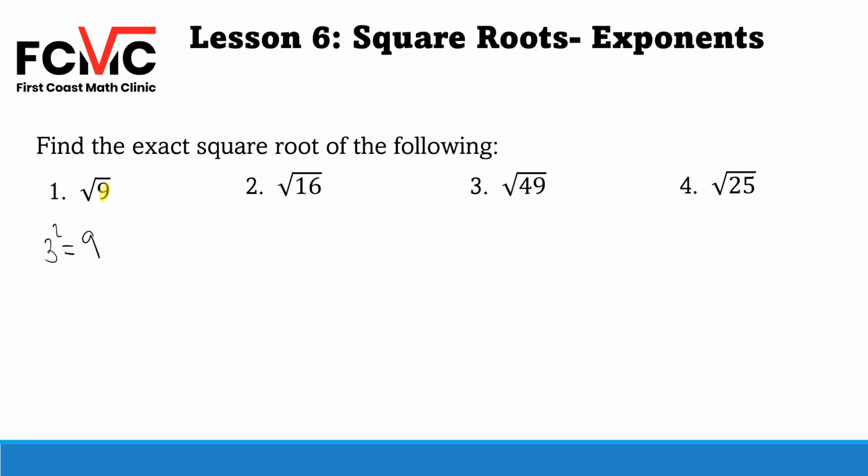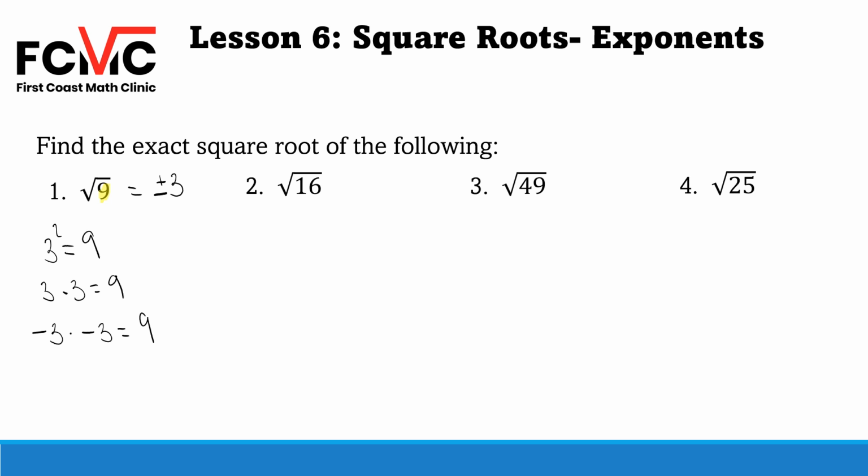So 3 times 3 is equal to 9, and one of our answers is going to be positive 3. But let's go a step further. We also know that negative 3 times negative 3 is also going to give us positive 9. So let's add in a negative answer. Our answer is going to be positive 3 and negative 3.